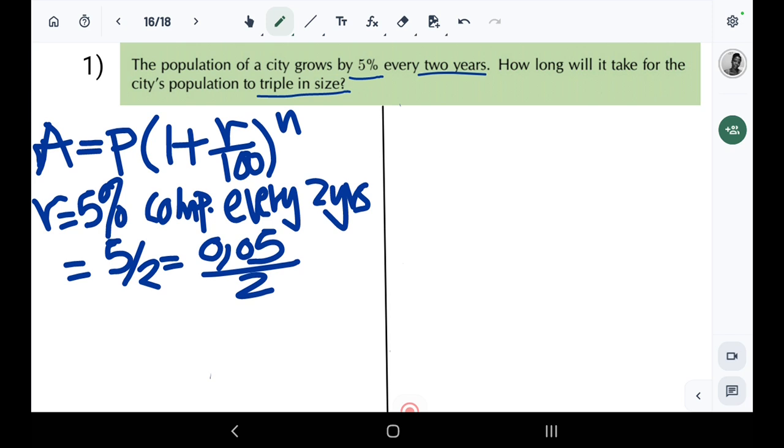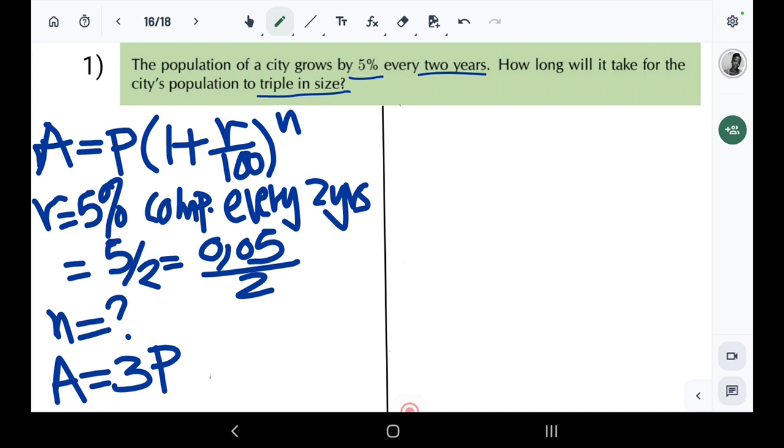Now, next, how long will it take? We're looking for N, the period, for the city's population to triple in size. The final population size is 3 times the initial, 3P.